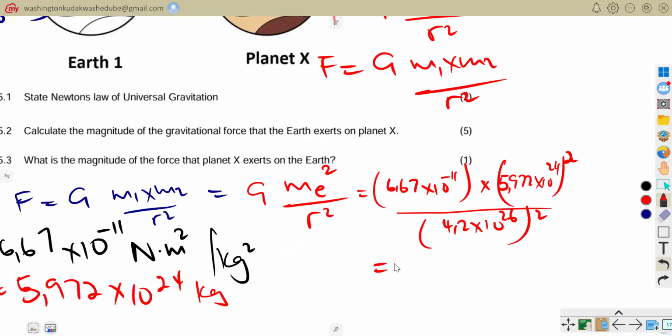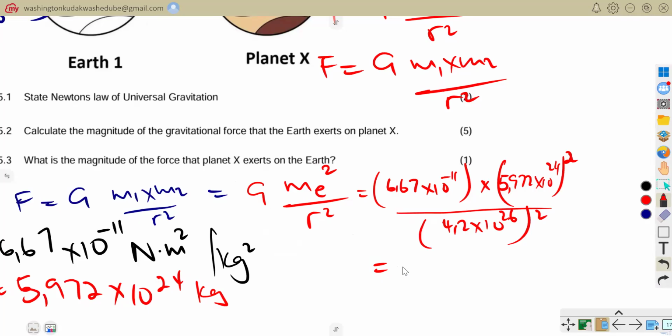So all we need is to have a working calculator. Just make sure that your calculator is working properly, so that you don't make calculation mistakes.